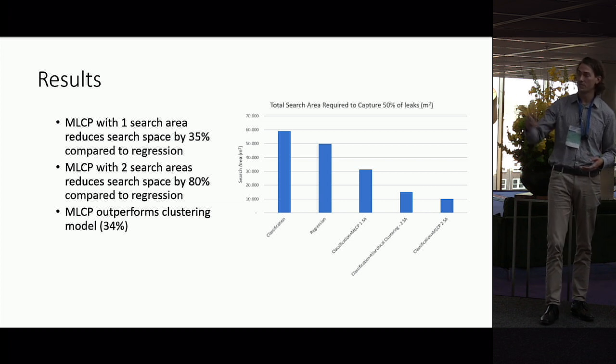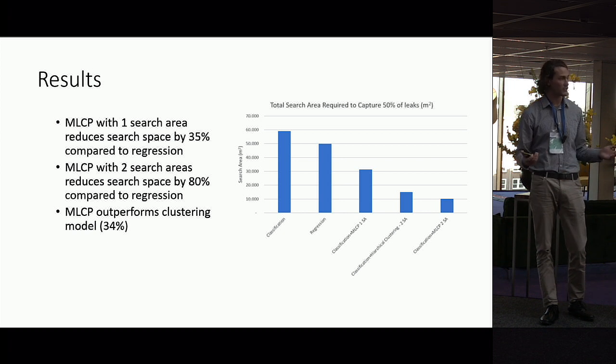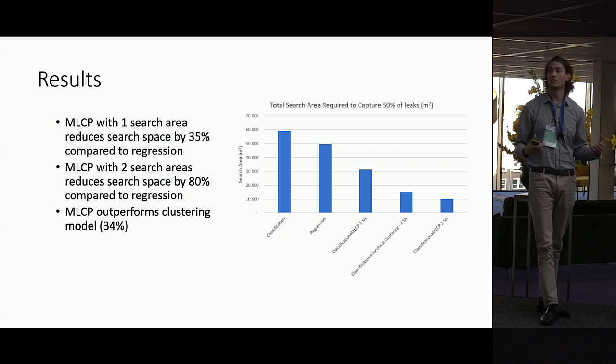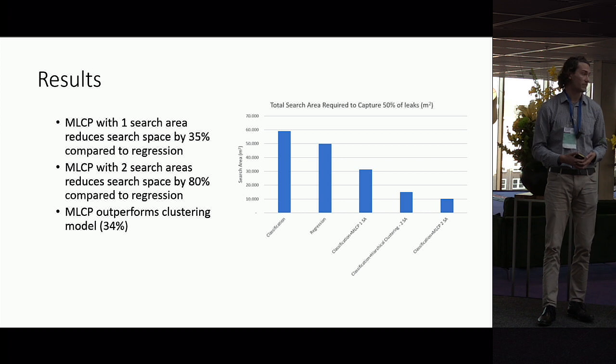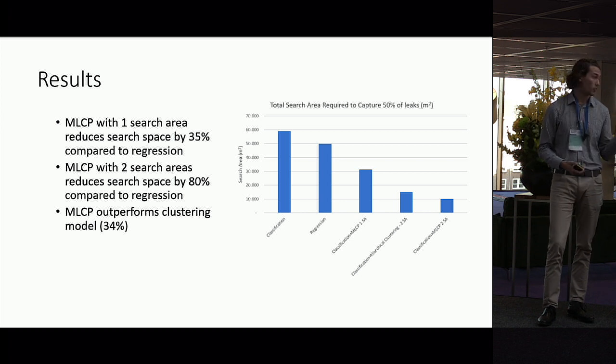And I also compared it with a hierarchical clustering model. And what you see here is that the maximum coverage location problem actually reduces the search area significantly compared to the classification model by about 50%, and compared to the regression model by about 35%. And this is for one search area.